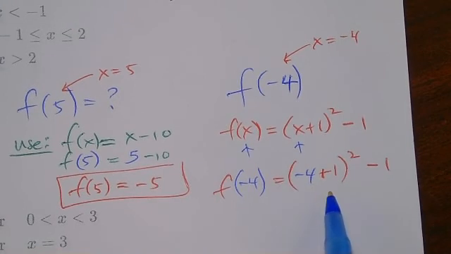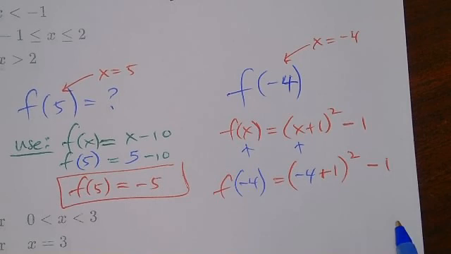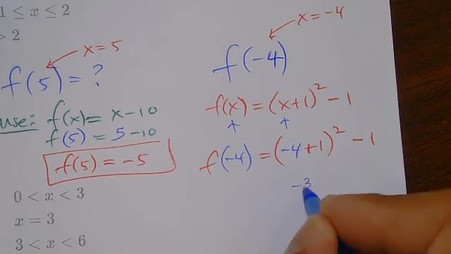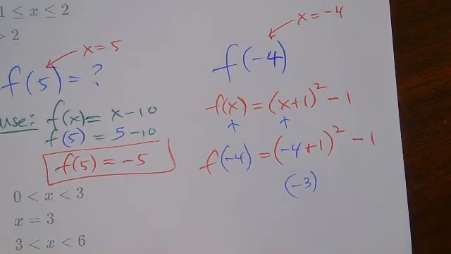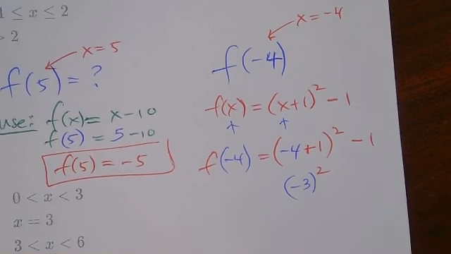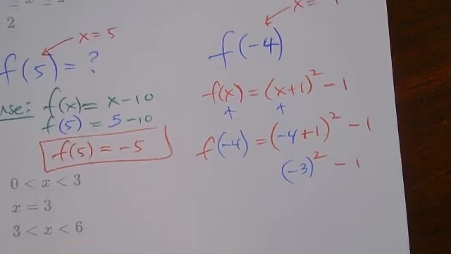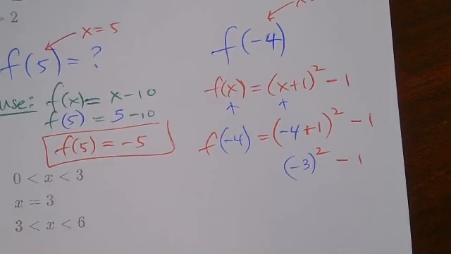Did you get the answer for this one? Not yet? Oh, okay, let's work it out. How do we do this? Well, we got to do this inside part first. Negative 4 plus 1 is negative 3, but I got to square it. I got to do negative 3 squared, get that number, and then subtract the 1 from it.